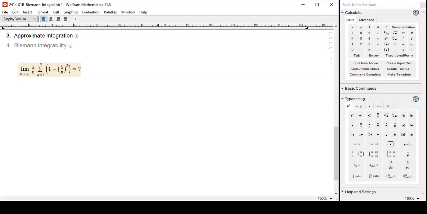Okay, can you do it? So 1 over n is dx, and then k over n is x. So this whole thing becomes the integral from 0 to 1, and then this whole thing is 1 minus x squared. Do you see it? And calculating this integral using the fundamental theorem of calculus is going to be an easy deal for you.